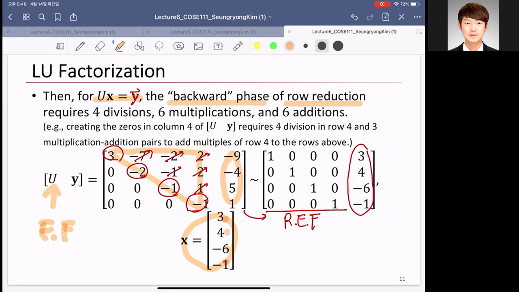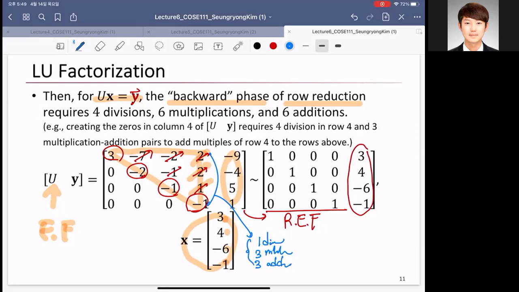To implement this, first of all, to eliminate this term, this term, and this term, we require 1 division, 3 multiplications, and 3 additions.